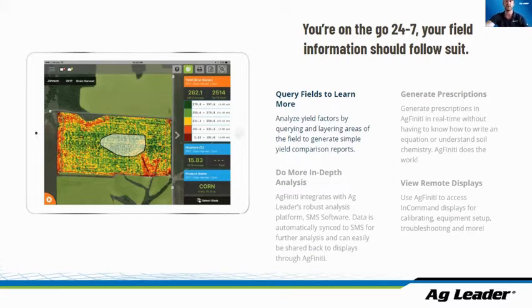The other thing with the iPad, we can also look at our corn maps as far as our planting maps, and we can also look at our application maps. The other thing that you have available is with 24/7 monitoring, I could watch one of my growers plant across the world.